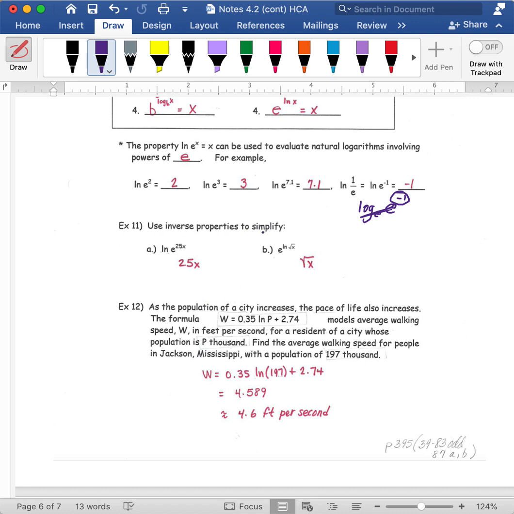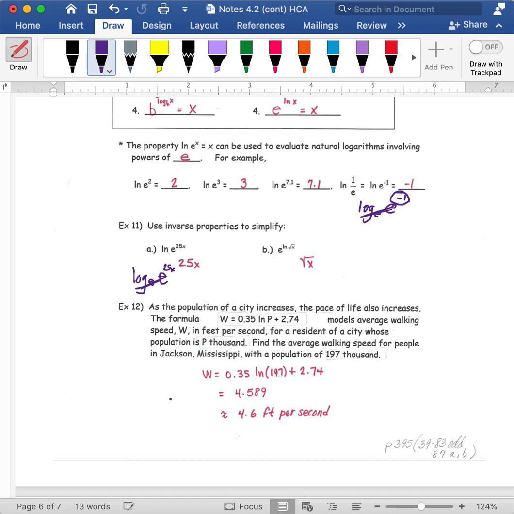Use inverse properties to simplify. Again, this is log base e, which we'd never write that way. Natural log of the same base e to the power of 25x. So what does that equal? Well, those are inverses.